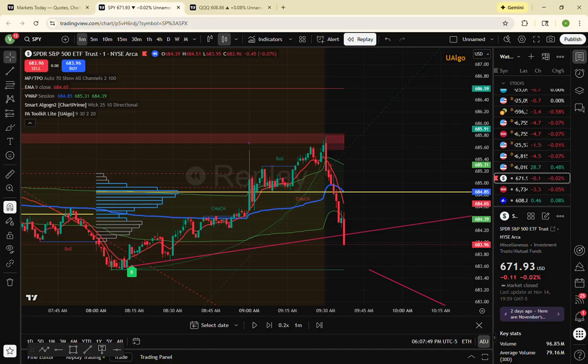This is EMA right here. This red line right here is EMA, and it is above the price. Okay, let me uncheck the upper band and lower band of VWAP so that we don't have a lot of things clustering here.